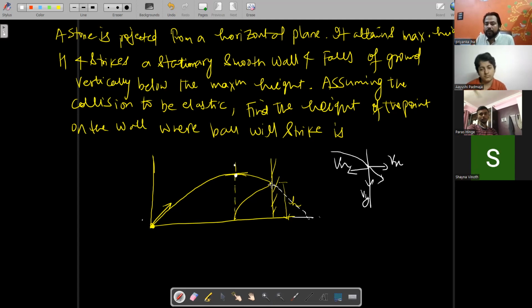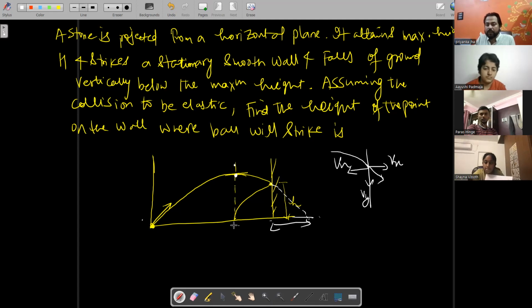Whatever distance it covers from here to here, it will cover the same distance from here to here. So by symmetry, this distance and this distance must be the same, right? Because the collision is elastic.